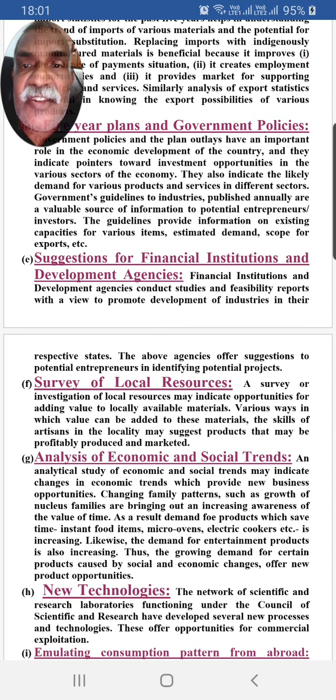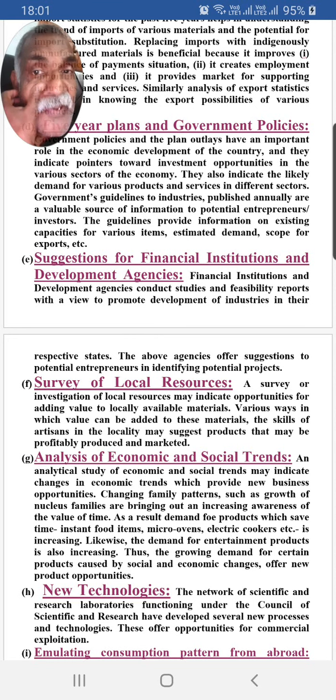Suggestions from financial institutions and development agencies. So we have to have the ideas of what sort of suggestions the financial institutions and government development agencies are giving us.